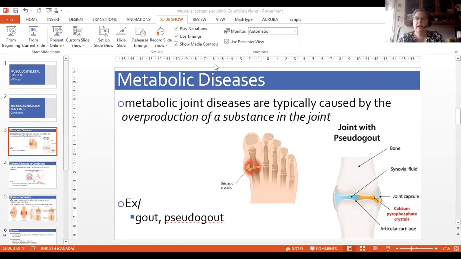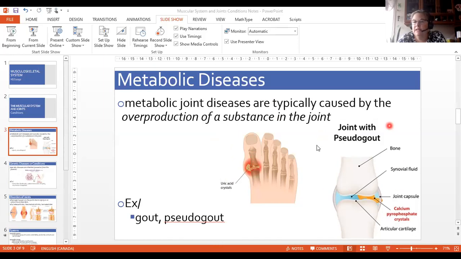So when we're talking about joints, metabolic diseases basically mean that we have too much of something in the joint, too much of a substance. So this one here is called gout. So gout is where we have a buildup of something called uric acid, and it hangs out in the joint in our toe. So your toe can start to swell up and be really sore, often caused by a poor diet.